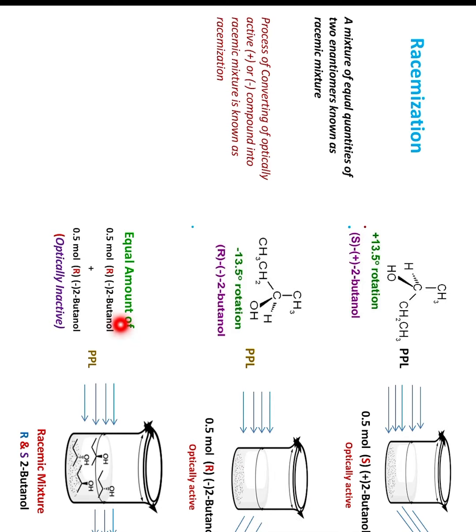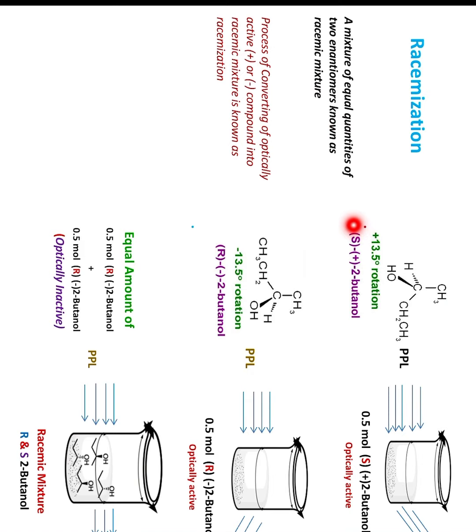But when we place both in equimolar amounts in the beaker and pass the plane polarized light, it does not deflect or rotate in any direction. It passes through the solution as it is. So this type of solution is known as the racemic mixture.